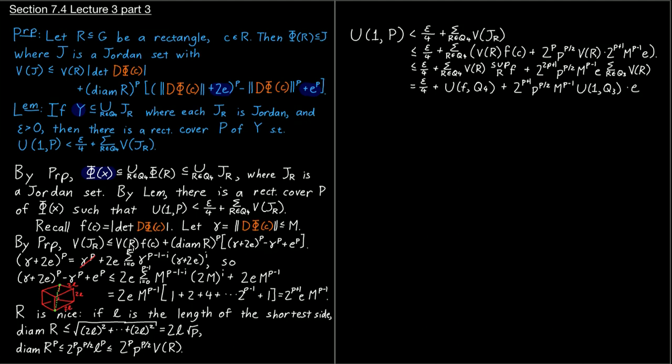That whole thing times E. And if you go back to your definition of E, Q4 is a refinement of Q1, so the upper sum only gets bigger. This is at most epsilon over 4.